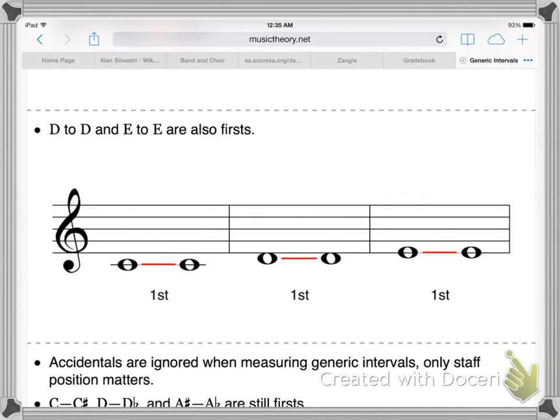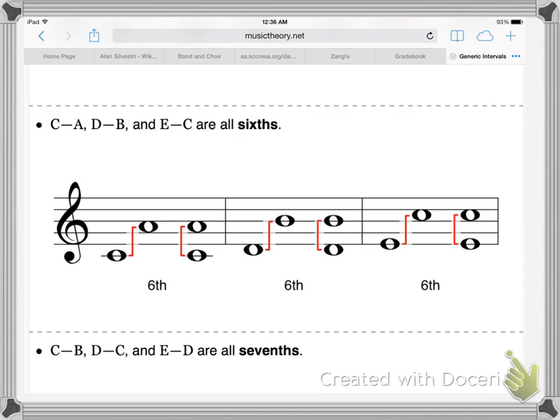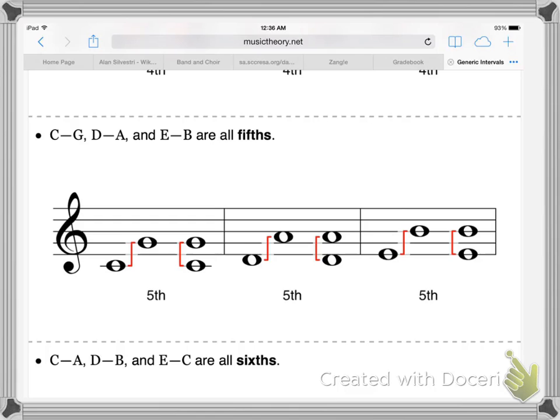Okay, there's the first again. I must have copied the wrong one because it skipped over fourths. Okay, so a fifth would be from C to G, from D to A, or from E to B. Just like a third, a fifth will also share line, line, space, space, and if I were to count it up, it would go 1, 2, 3, 4, 5.